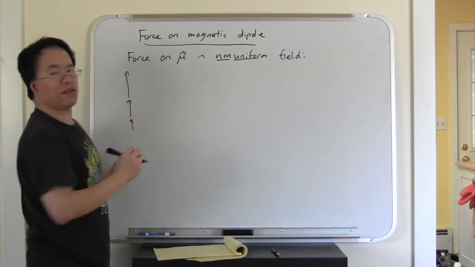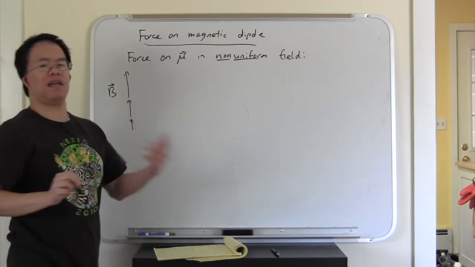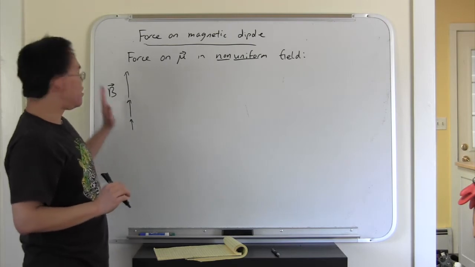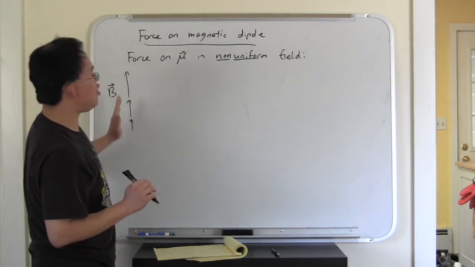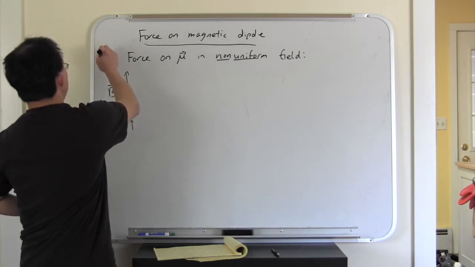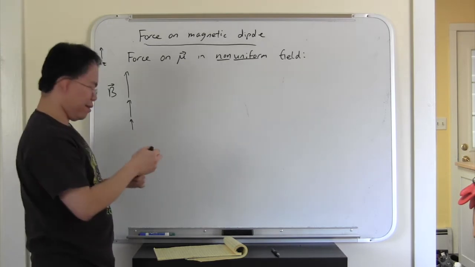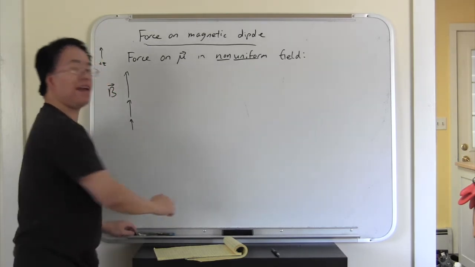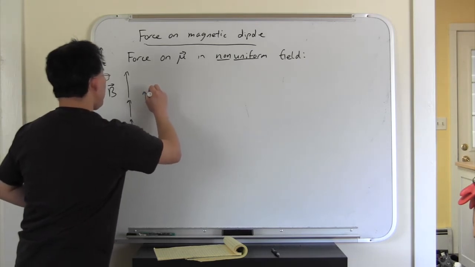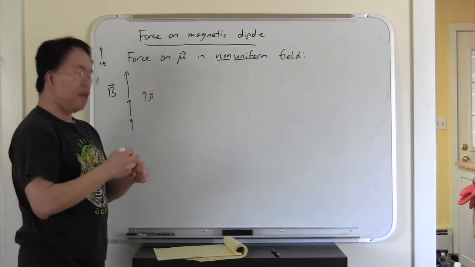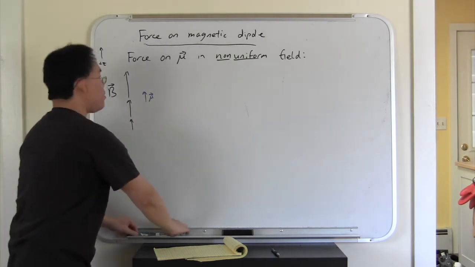Let's assume positive z is up, and I'll label those magnetic field vectors and assume that this is uniform across the page, so that the field is only changing as we go up the board. If I have a magnetic dipole mu here, it turns out that this magnetic dipole will feel a force in the z direction.